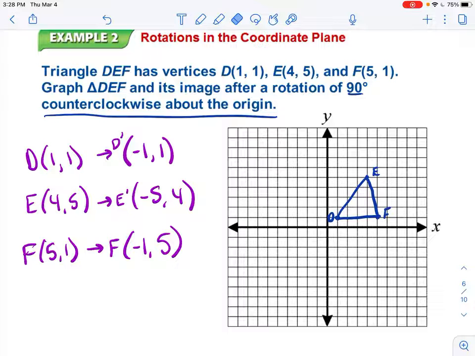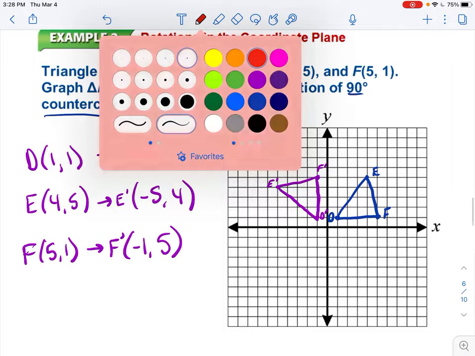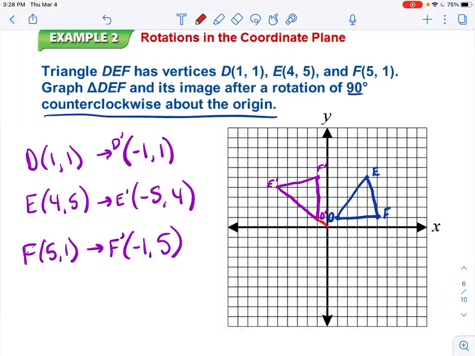So if I plot these D prime, E prime, and F prime, it'll look like this. Okay, and then if you would like, you can take a quick check by drawing an angle between, say, D prime, the center of rotation, and D. Make sure that is 90 degrees counterclockwise. And it sure is, so we're good to go there.